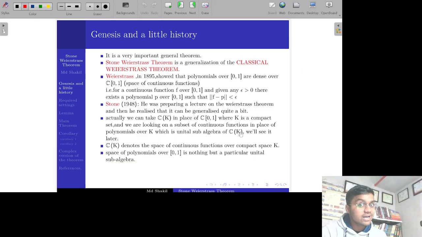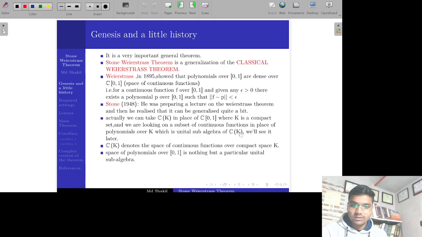And then Stone realized that we can generalize this subset of polynomials. First he generalized C[0,1] to C(K), then he generalized this polynomial set by a unital subalgebra of C(K). What is a unital subalgebra of C(K)? I will discuss it later.